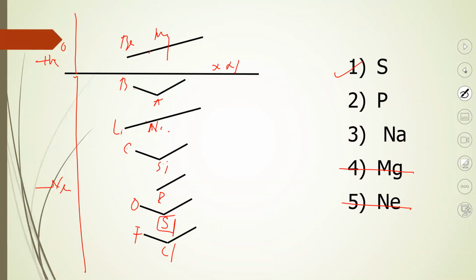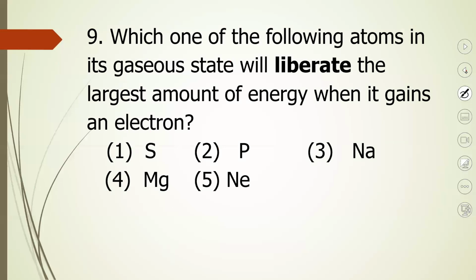This particular graph I have provided to you regarding electron gaining energy, isn't it? Electron gaining energy. Okay. Which of the following atoms in the gaseous state emits energy when it gains an electron, right? When it gains an electron, it will become a minus ion, isn't it?